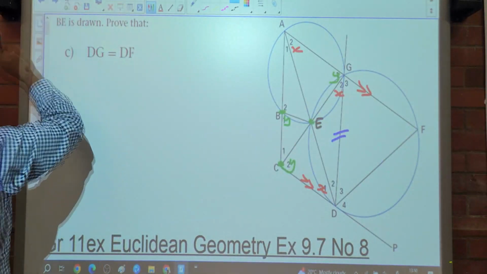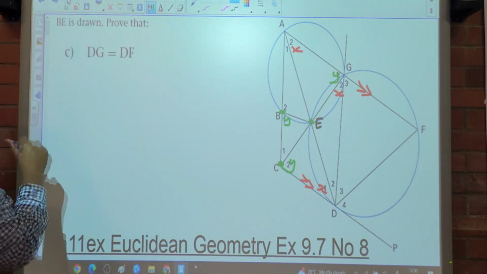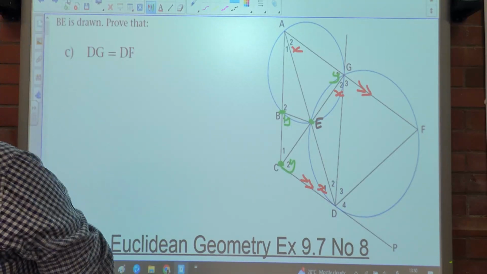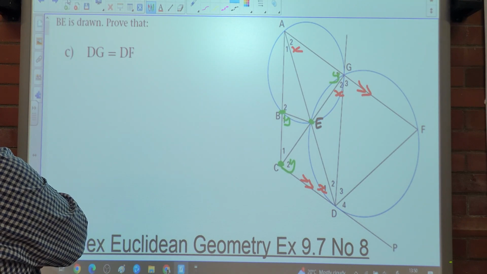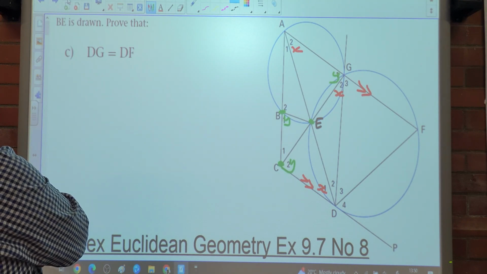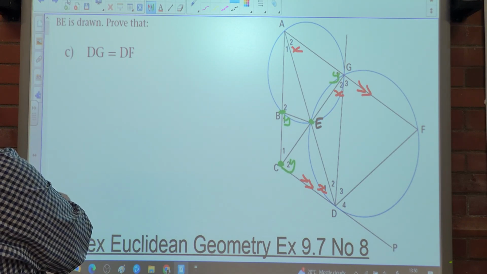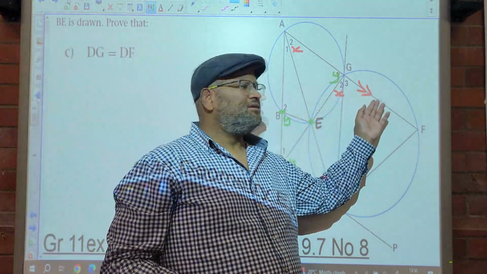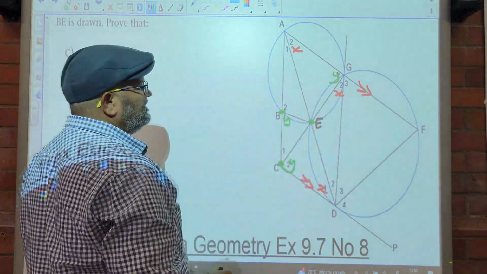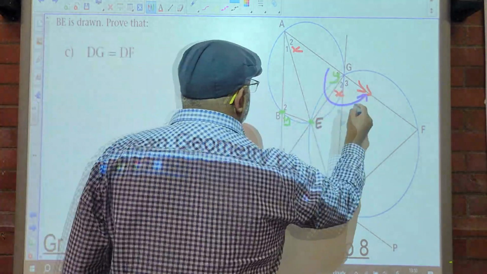We know what G3 is in terms of X and Y. What is G3? This is angles on the straight line.